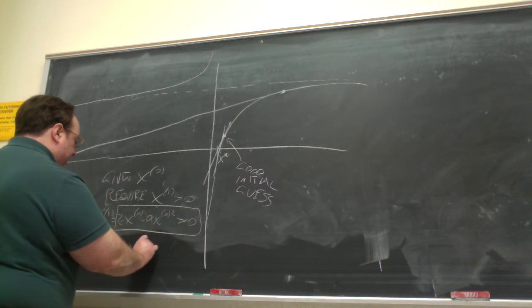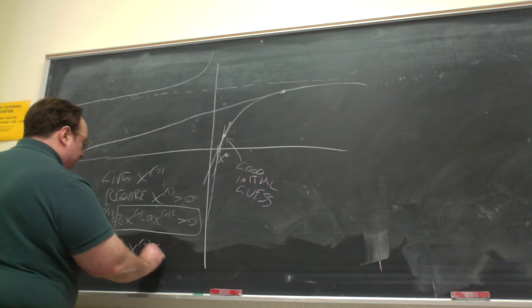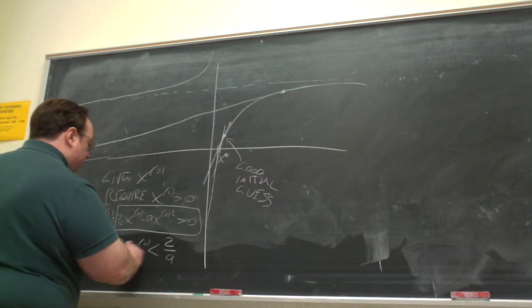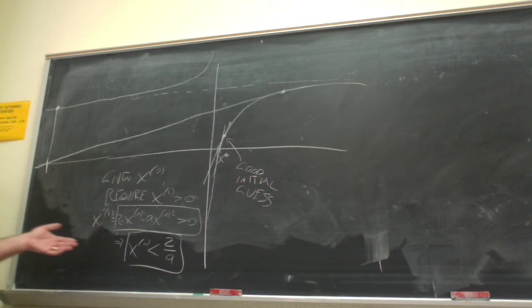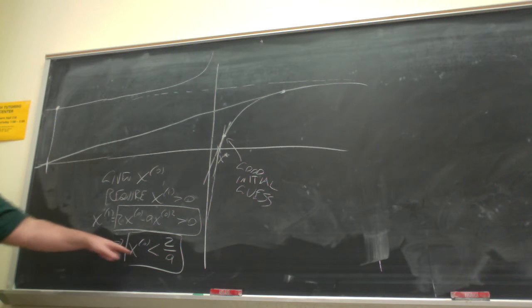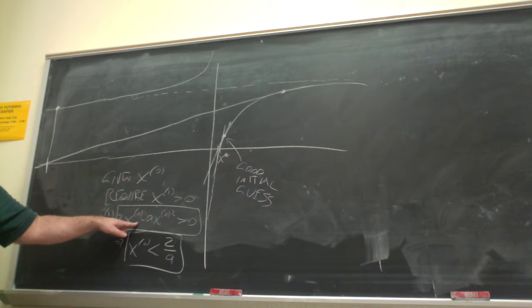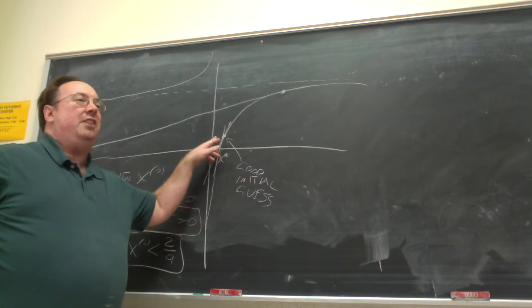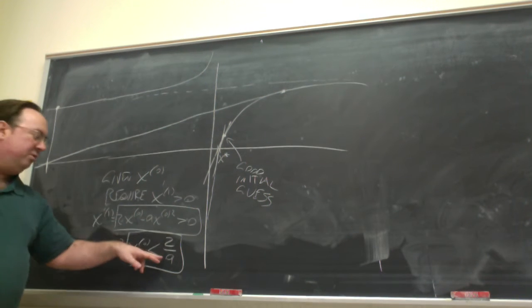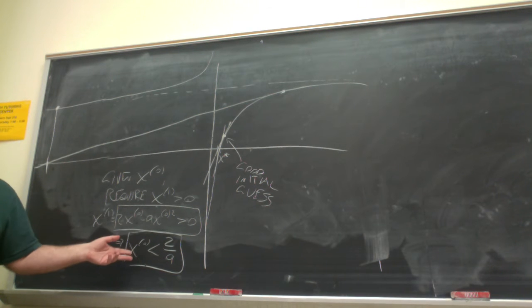X naught must be less than 2 over a. Well, it has to be greater than 0 also, but we're assuming that. So if you take this inequality and rearrange it and solve for x naught, assuming x naught is positive, this is what you get. So we're very limited in how we can choose our initial guess. We have to be pretty close to the root as it is.